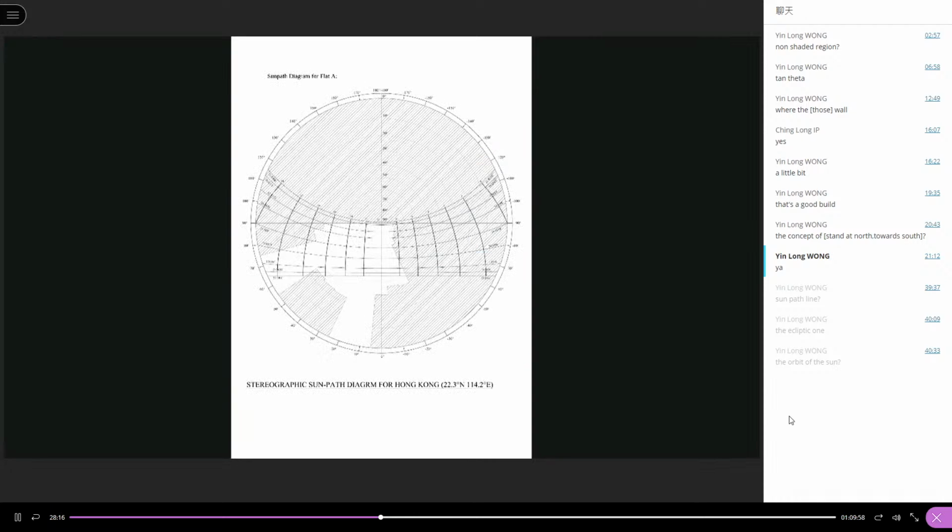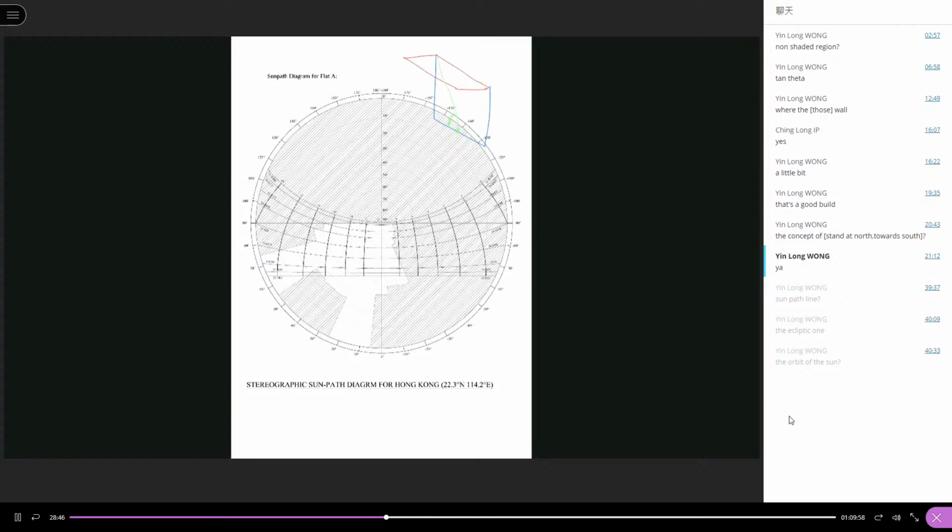So for example, for the overhang, let me draw an isometric diagram. This is the overhang, and then I have a window over here. For the calculation point, maybe I take it over here. So this is the elevation angle.